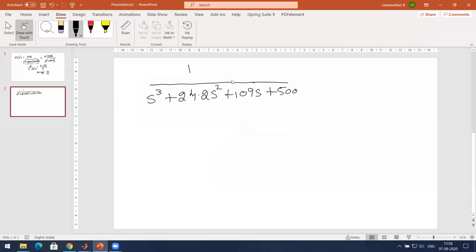But in this case, how do you find out the step response of this system? If I say find the step response of the system, how do you find it? Yes, Locus we can plot, sir.